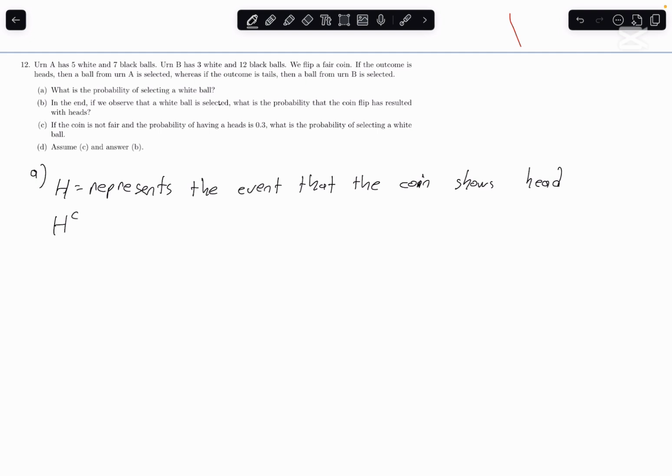So its complement will be the coin shows tails, obviously.